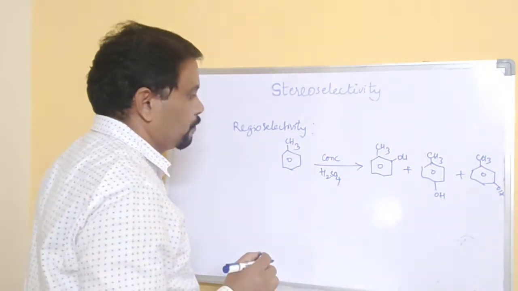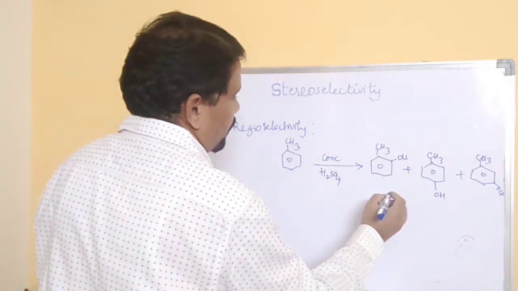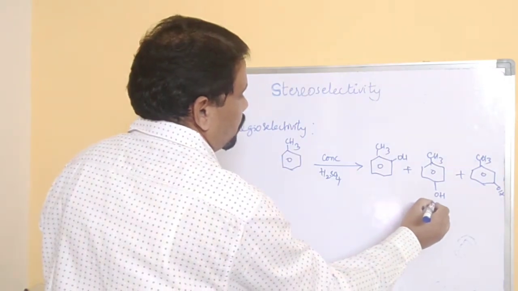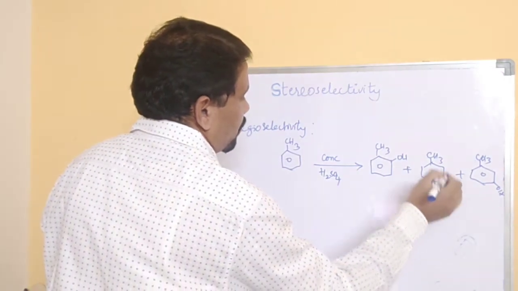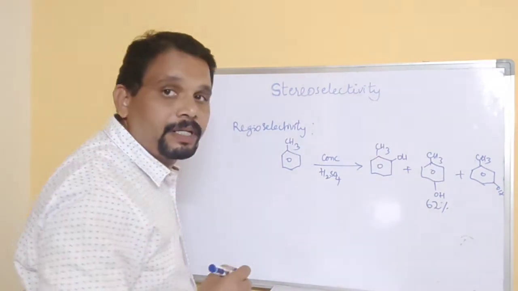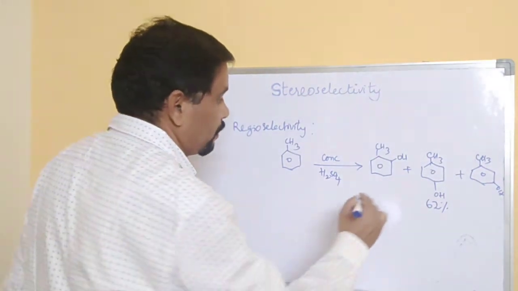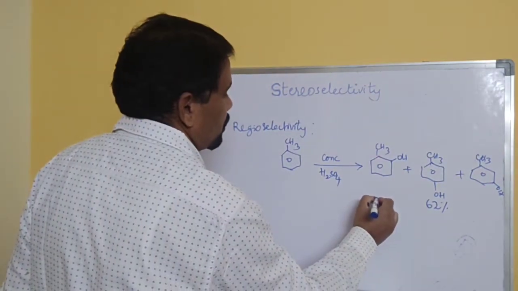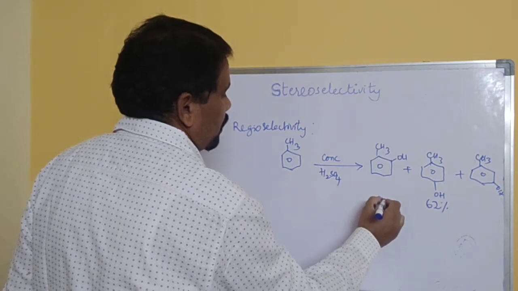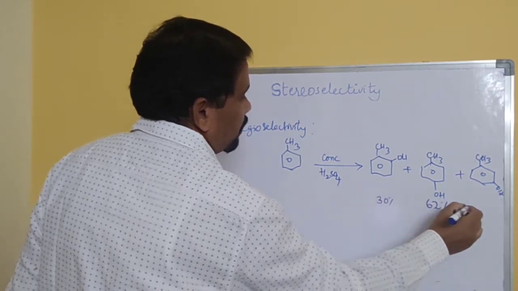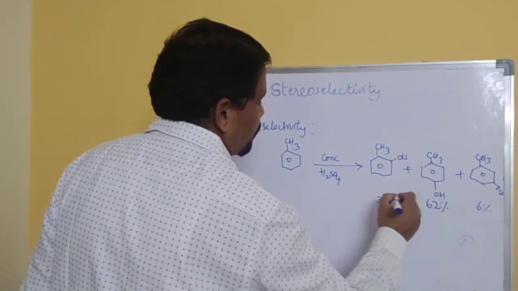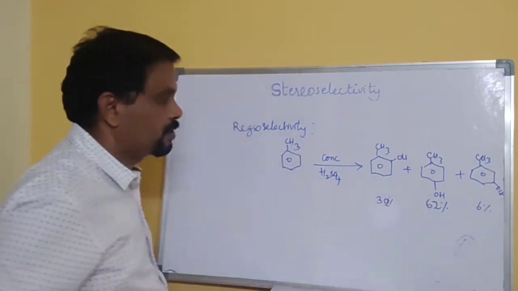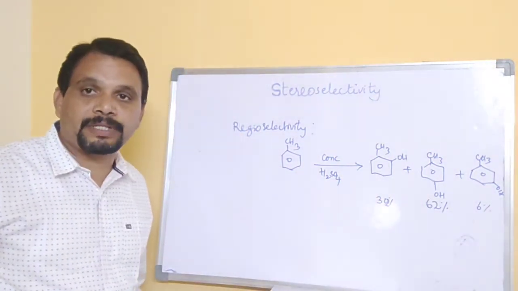Different isomers. But the para compound forms predominantly or preferably over the ortho. This is about 32%, this is about 62%, and another one is 6%.